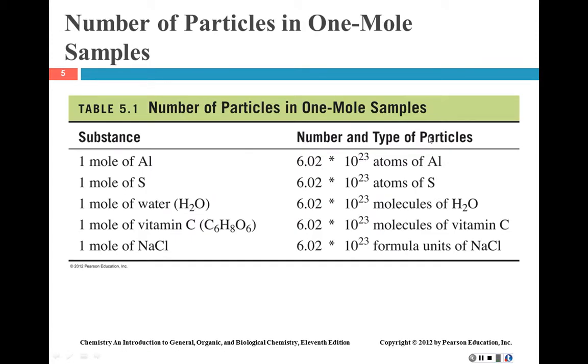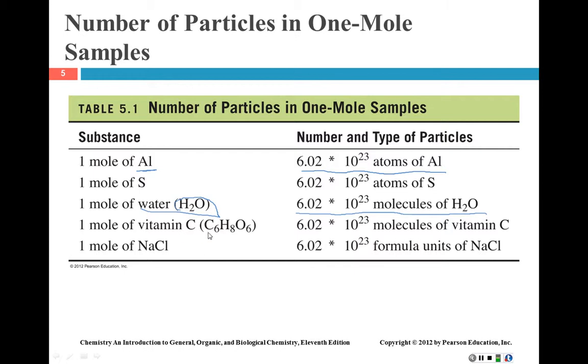So if I have a mole of an element, 1 mole of aluminum, for example, like I have in this particular example, that means I have 6.02 times 10 to the 23rd atoms of aluminum. Same thing with sulfur. If I have 1 mole of water, that's not an element, that's a molecule. So I have 6.02 times 10 to the 23rd molecules of water.